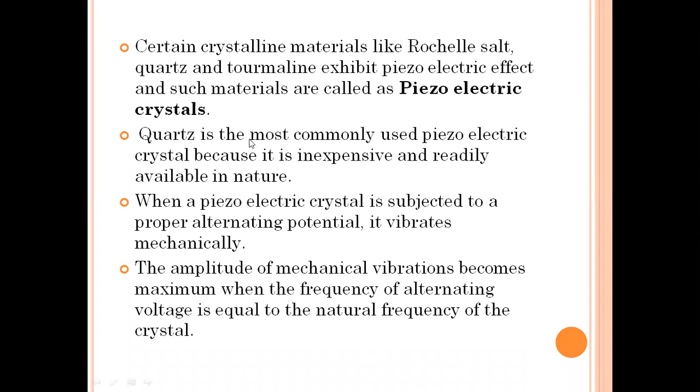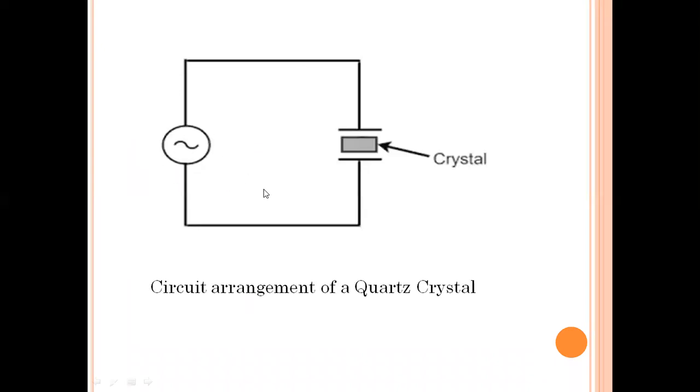Let us consider the figure. Here we are applying some voltage to the piezoelectric crystal, and it vibrates. If we apply mechanical stress, it vibrates, and then it automatically generates some voltage. So this is the reverse process.